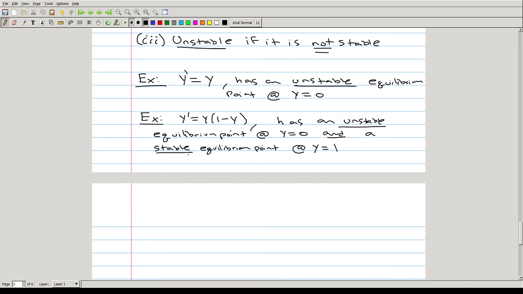This is actually asymptotically stable. So an asymptotically stable equilibrium point at y equals 1.